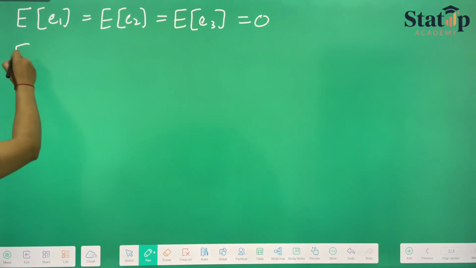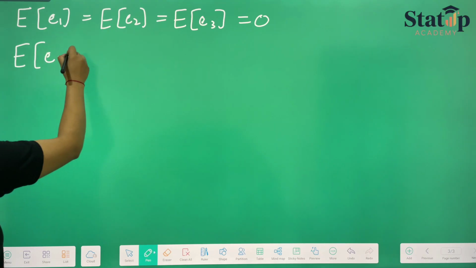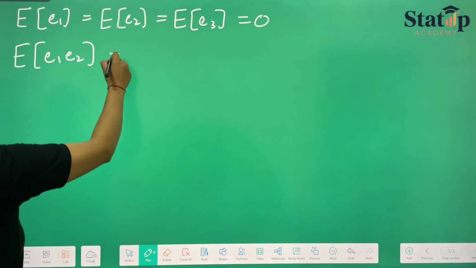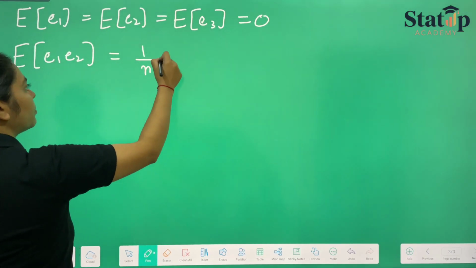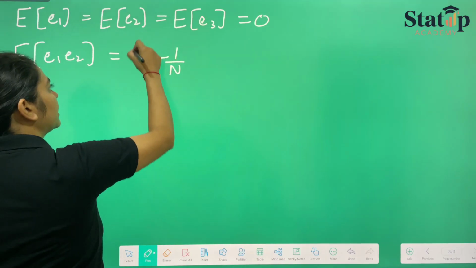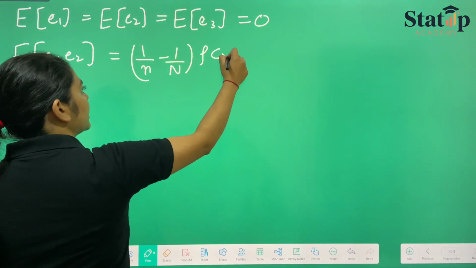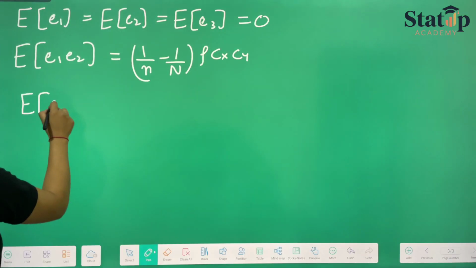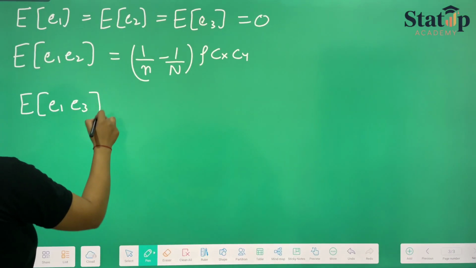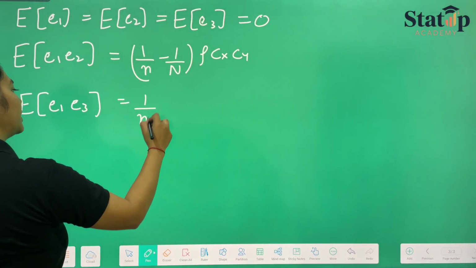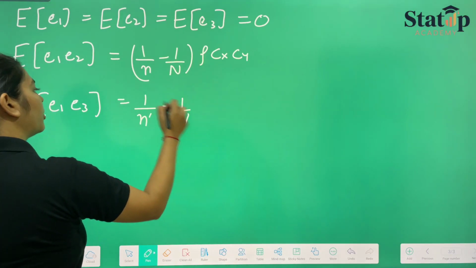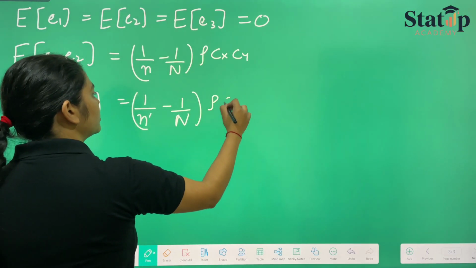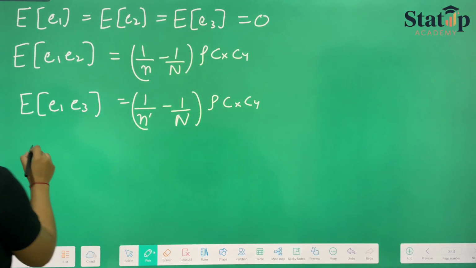Now estimation of E1, E2. We know that estimation of E1, E2 is nothing but 1 upon n minus 1 upon capital N rho Cx Cy. Estimation of E1, E3 is nothing but 1 upon n prime minus 1 upon capital N rho Cx Cy.